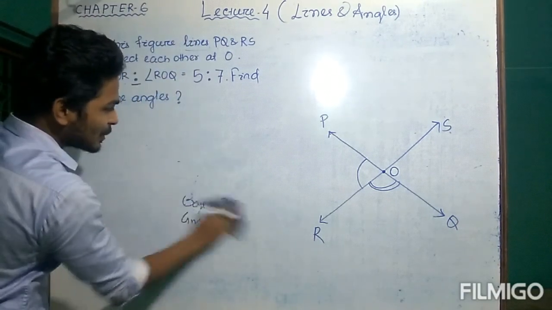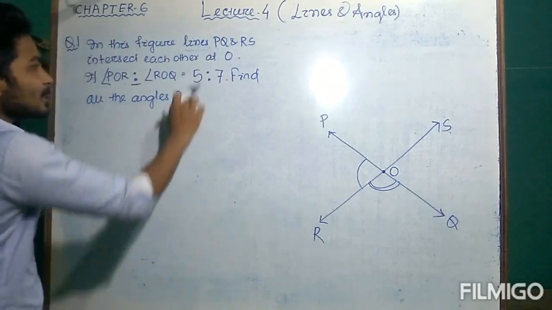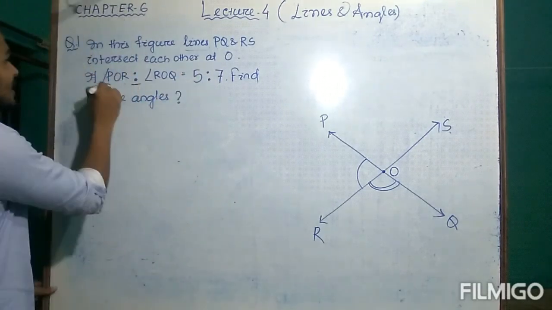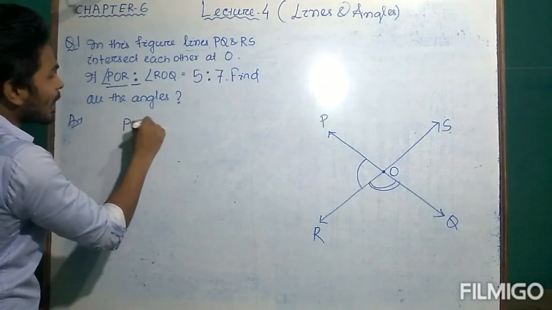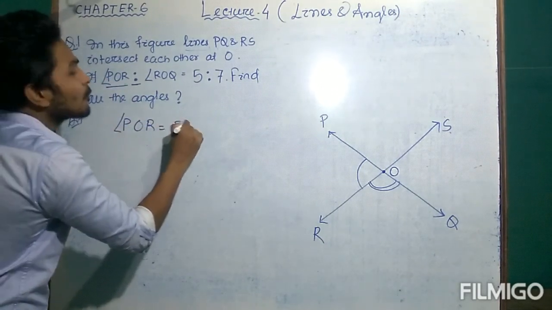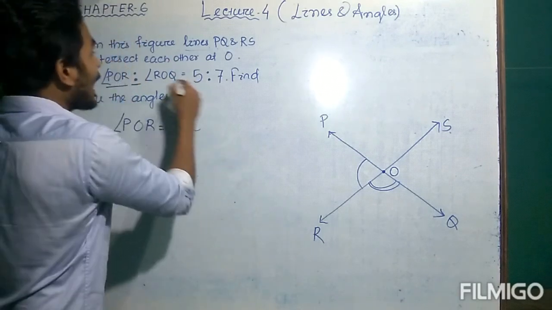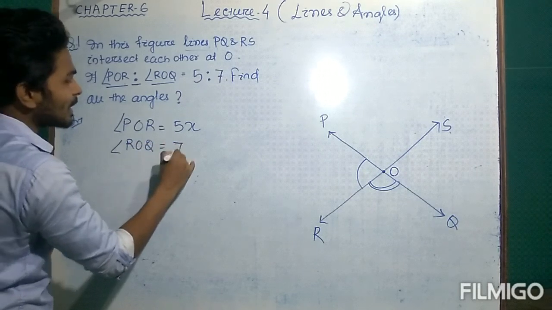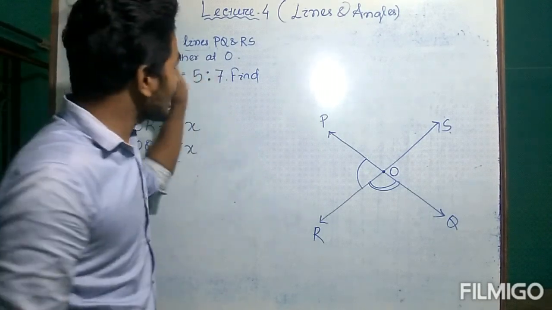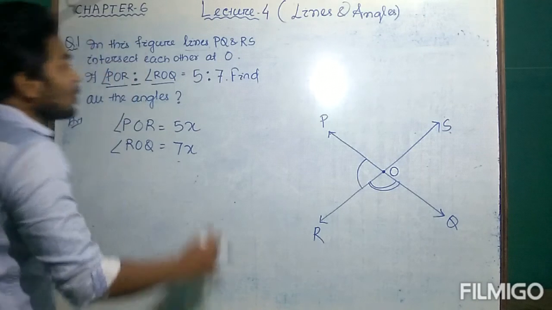Here, the ratio of the two angles is 5:7. It means angle POR is equal to 5x, and the angle ROQ is equal to 7x. So it is given in the question. Understood?